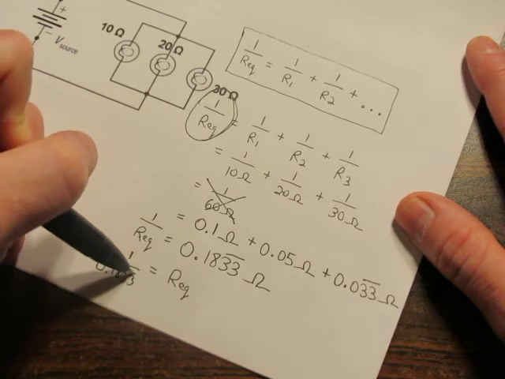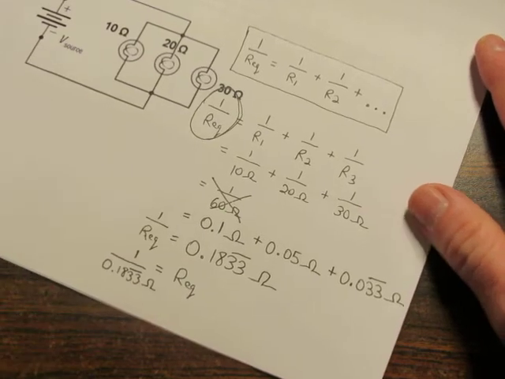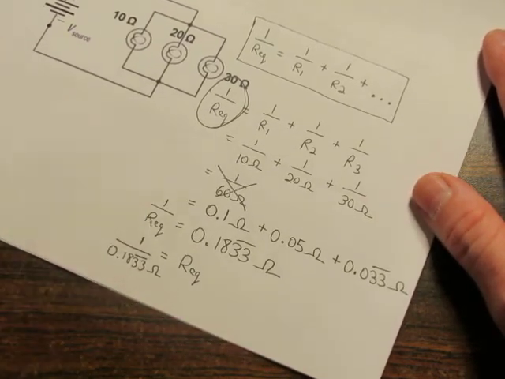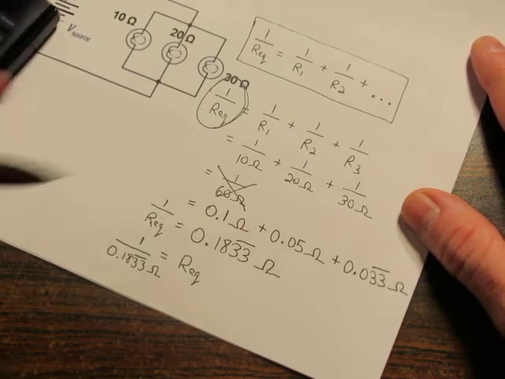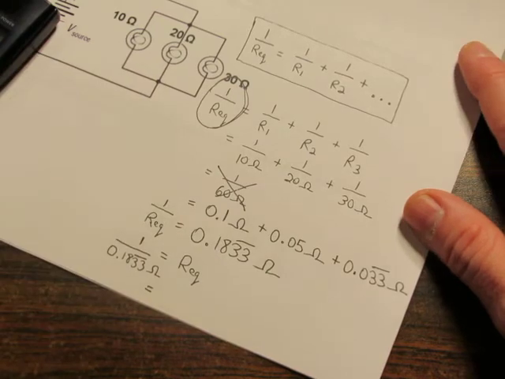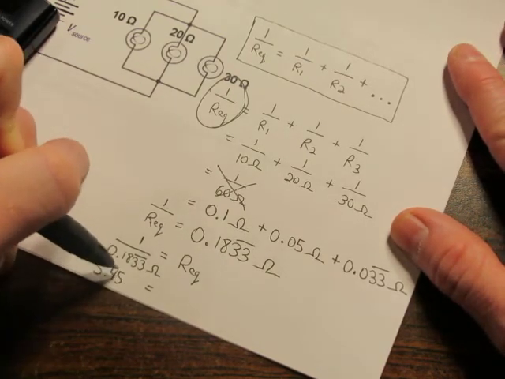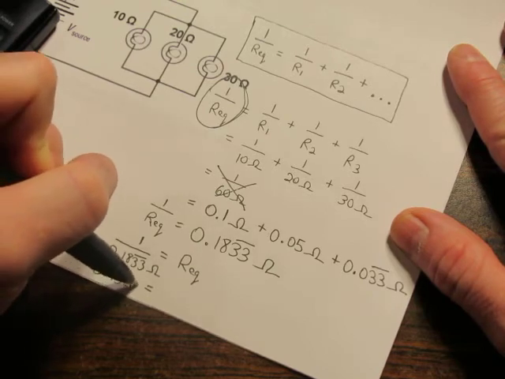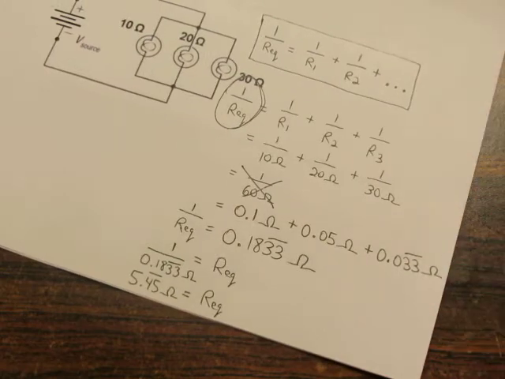And I want to remember to repeat all those 3's. Okay, so there's the answer. It's going to be 1 divided by what I thought was the answer before. That gives you a final answer in the end of 5.45. And it repeats. That's the true equivalent resistance for this parallel circuit.